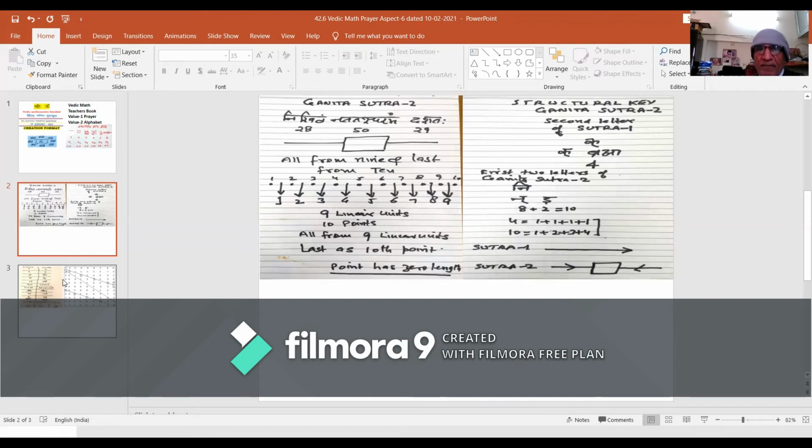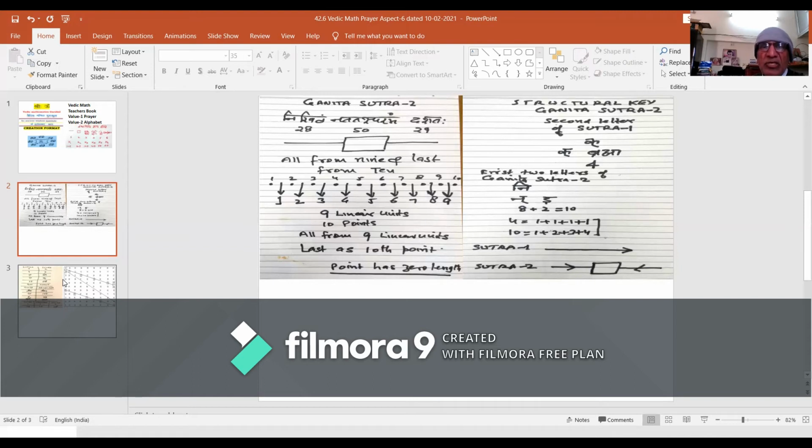one more than the pair of word formulations required for the composition of Ganita Sutra 1. The first letter of the text of Ganita Sutra 1 is A, the 6th vowel. It makes the structural key of Ganita Sutra 1. The second letter Ka, Ka Brahma, is preserving the structural key of Ganita Sutra 2.